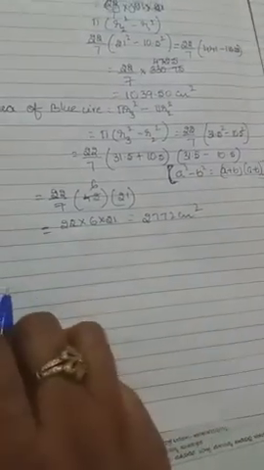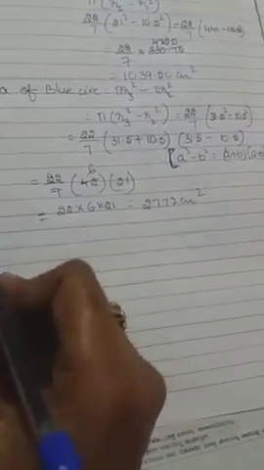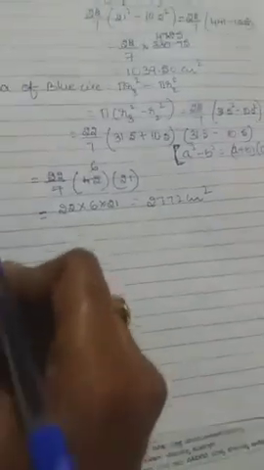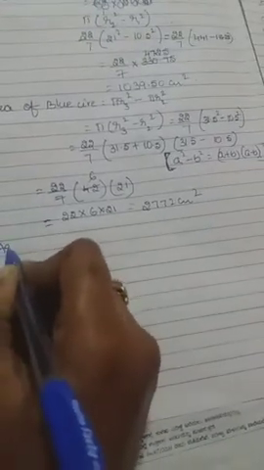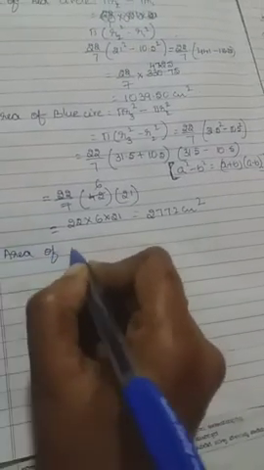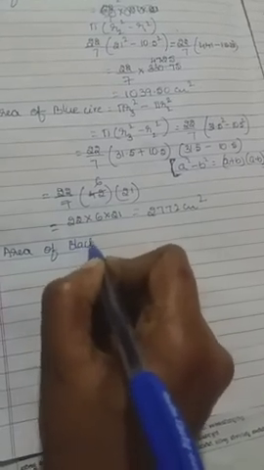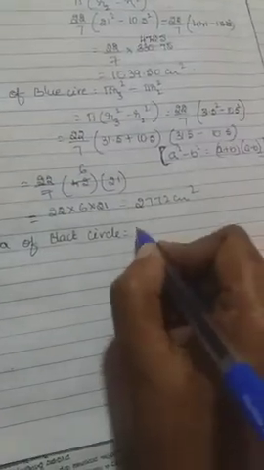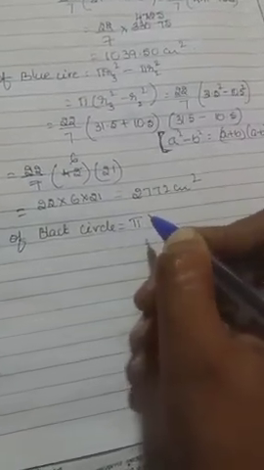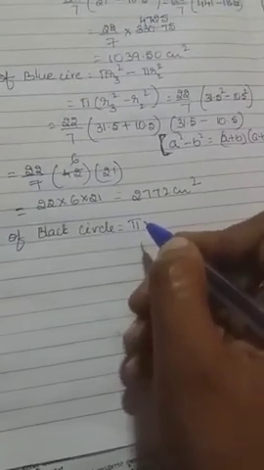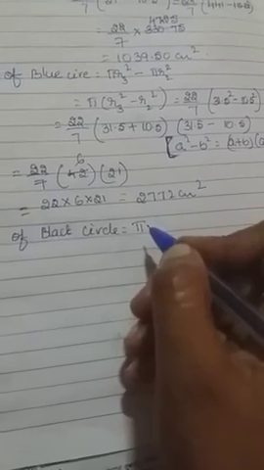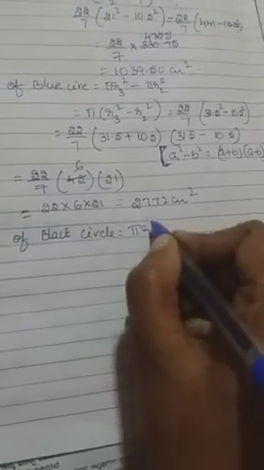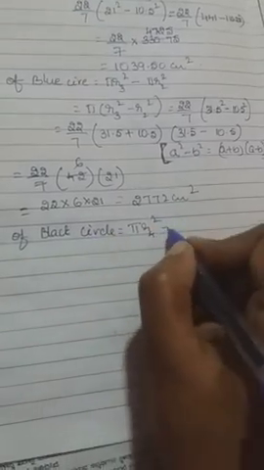Next is the black circle. I think you know about that. Area of the black circle is pi r4 square minus pi r3 square, because r4 is the radius of the black circle.